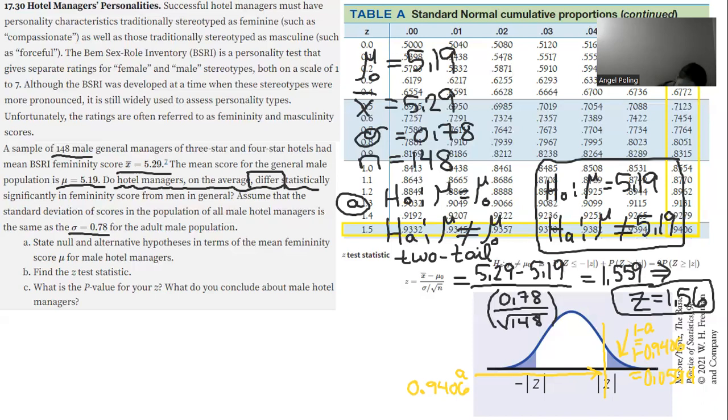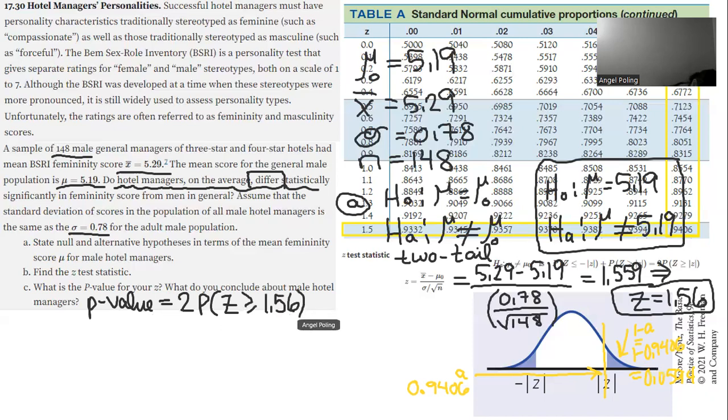Okay, so we're working on part C officially. We're looking for the p-value, right? P-value on a two-tail is 2 times the probability that z will be more extreme than our z-score of 1.56.